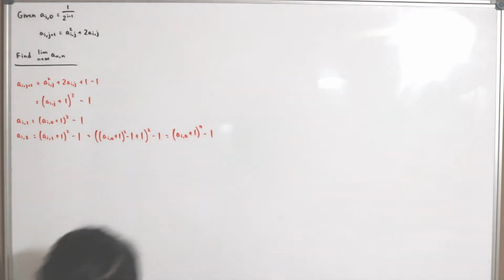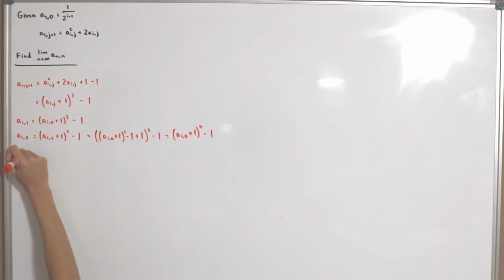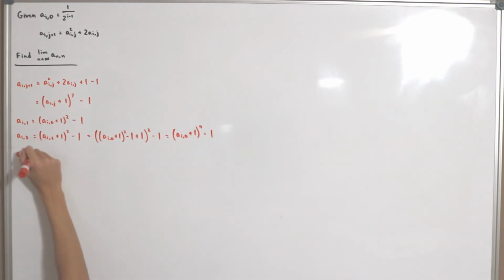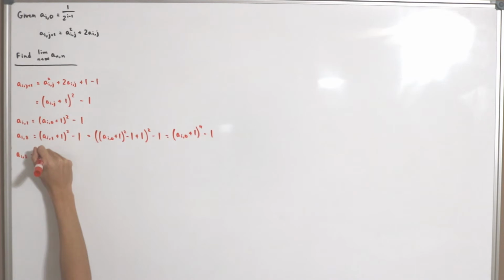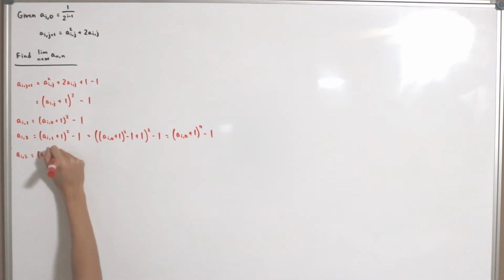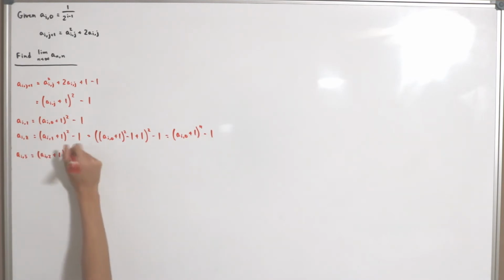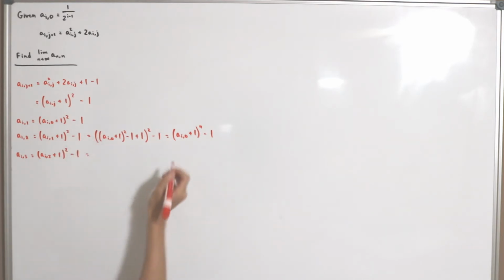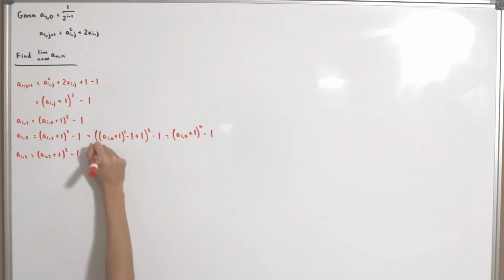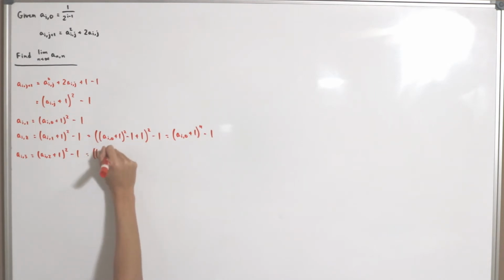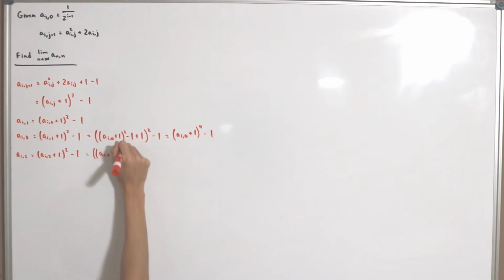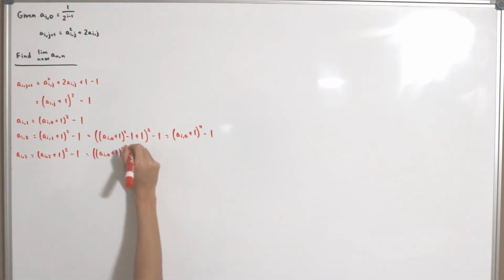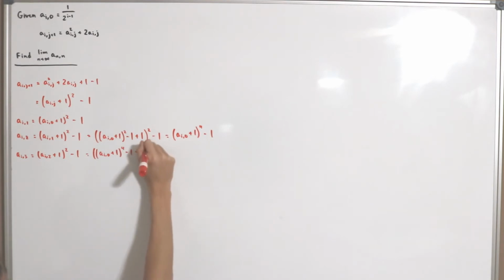Now let's calculate a sub i,3, equal to a sub i,2 plus 1 squared minus 1. Let's just substitute: a sub i,0 plus 1 to the 4th minus 1, then plus 1 squared minus 1.